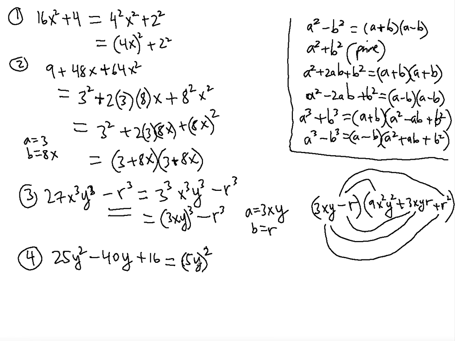So a will be 5y, and then minus 2 in the formula, and then a is 5y. And what do you need to arrive at 40y? You need to have 10y multiplied by 4. So 4 is the b value, which makes sense because b squared is 16. So plus 4 squared.